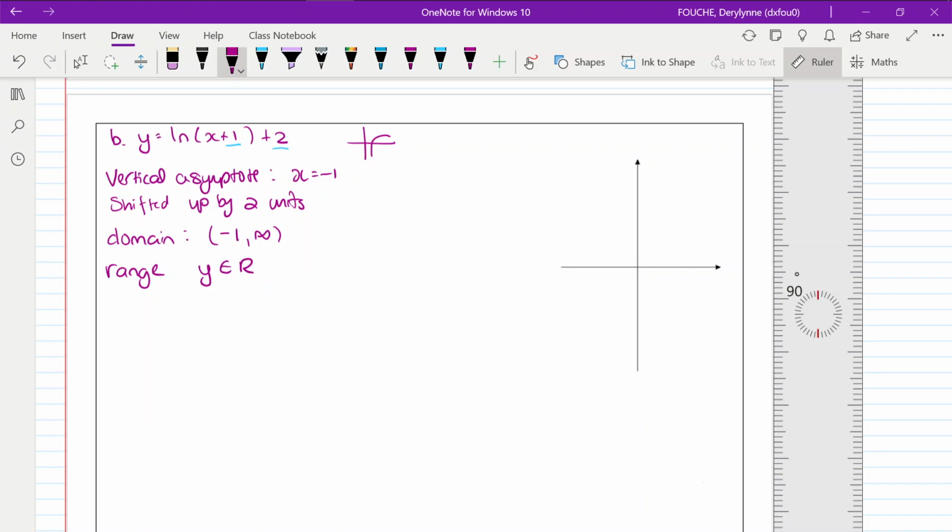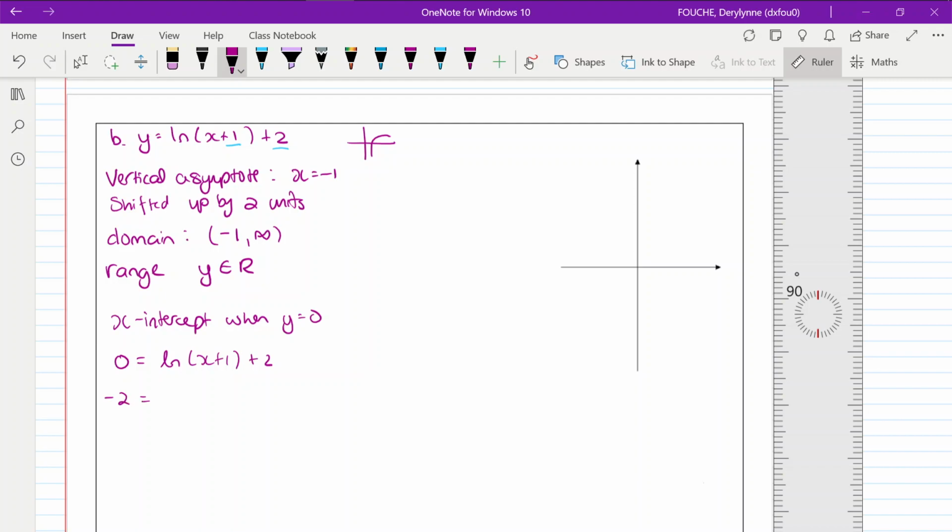Okay, now I know that because this thing has been shifted to the left, I'm going to have an x and a y intercept. And I guess what's nice about that is I don't have to try and pick a point. I can actually use my x and y intercepts. So my x-intercept, when y equals 0, I have 0 is ln of x plus 1 plus 2.